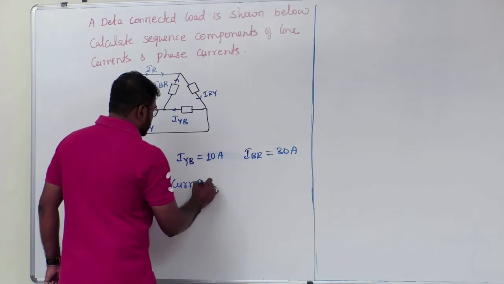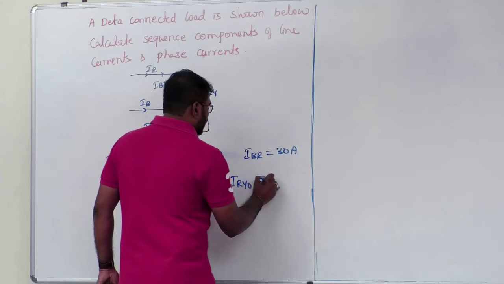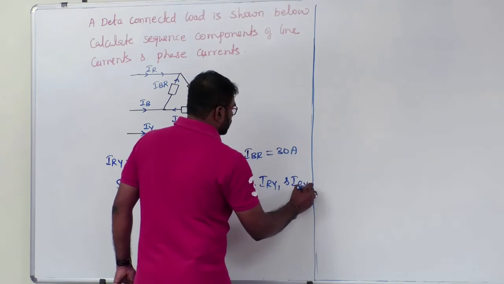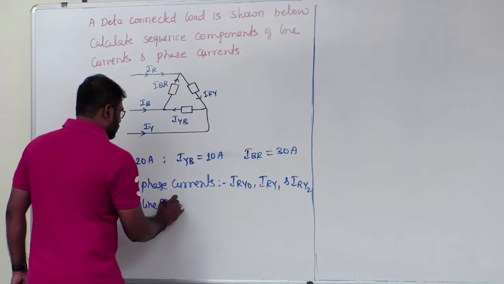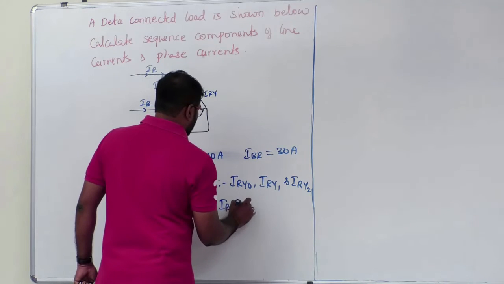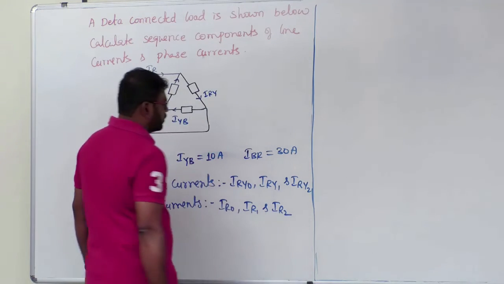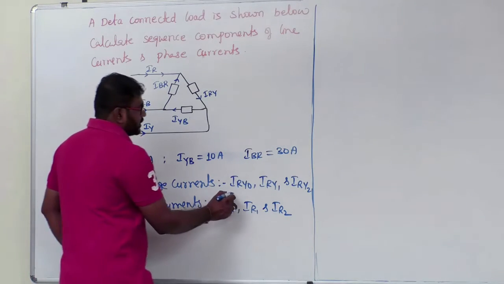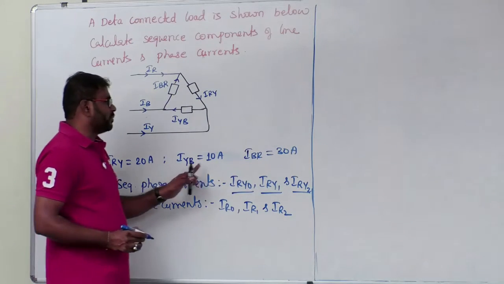So what are the sequence components of phase currents? Sequence phase currents: IRY0, IRY1 and IRY2. Sequence line currents: IR0, IR1 and IR2. So we can calculate first IRY0, IRY1 and IRY2 using IRY, IYB and IBR.